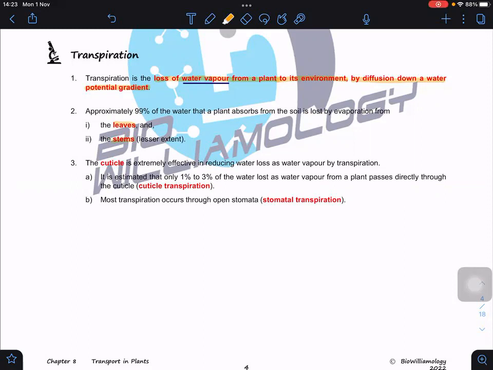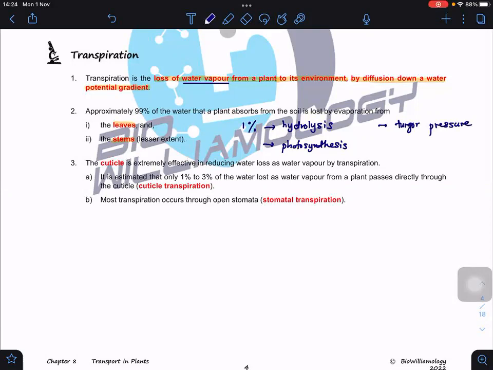So 99% evaporated. So what is the 1% for? It can be used for hydrolysis, for photosynthesis, and to maintain the turgor pressure. So that is the remaining 1%.